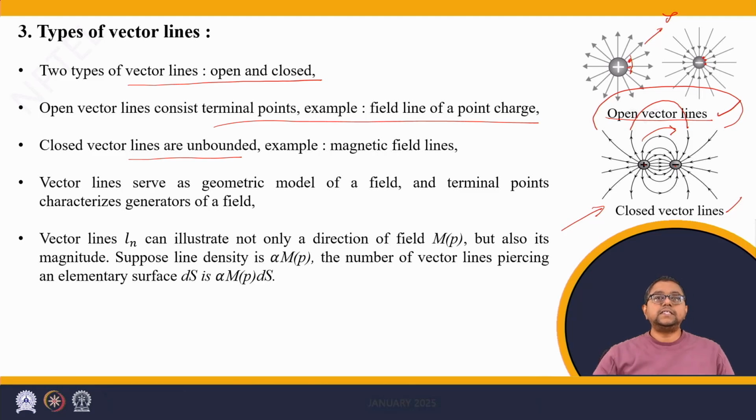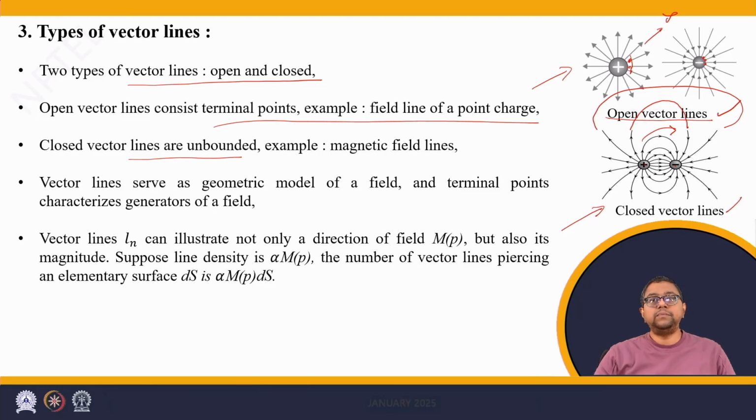So vector lines are very common and appropriate to serve as a geometric model of a field, and the terminal point characterizes the generators of the field. For example, terminal points exist for single charges, which means that the source is a singular point from where the field is generated and it diverges out.